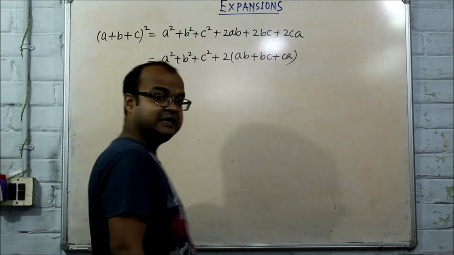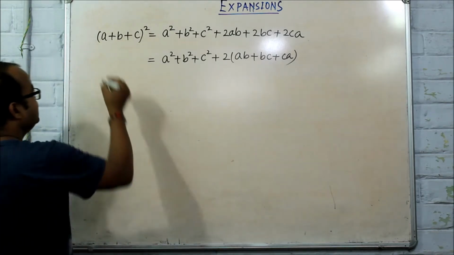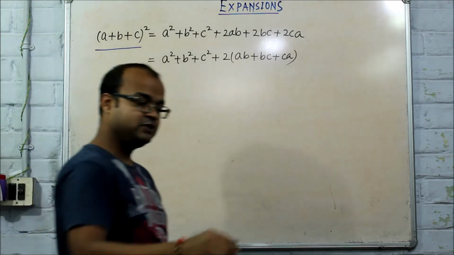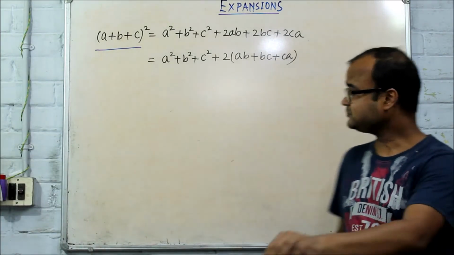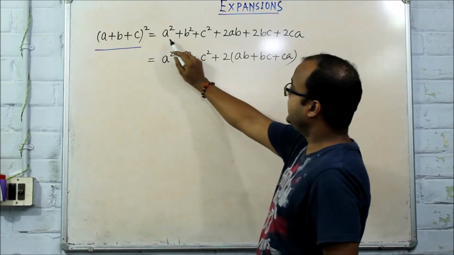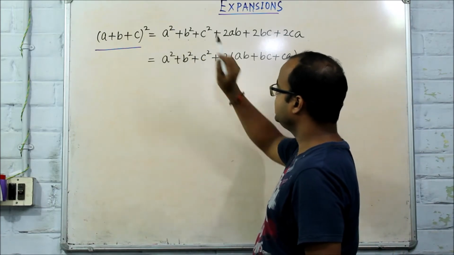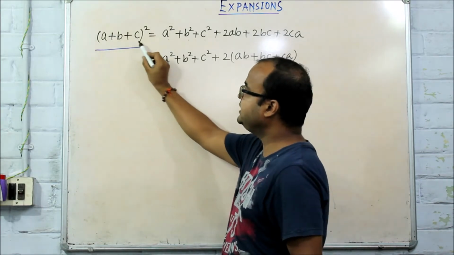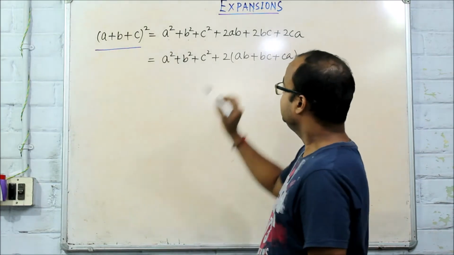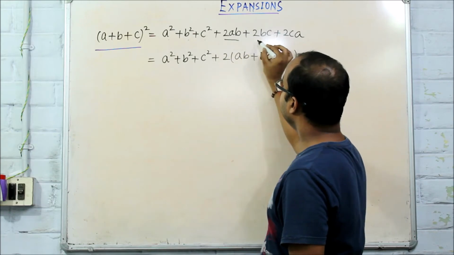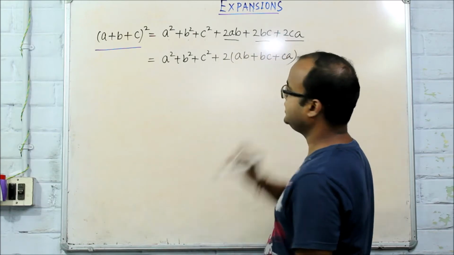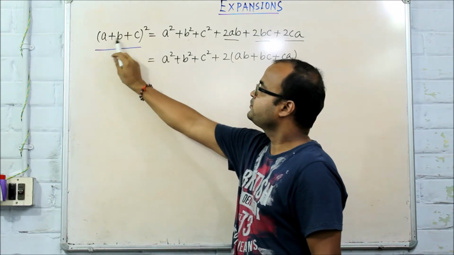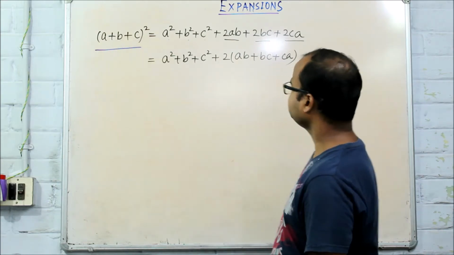Moving on to the next formula, the square of a plus b plus c, that is (a plus b plus c) whole square. So the formula is a square plus b square plus c square. Now how do you remember? That means the square of the individual terms, then plus 2ab plus 2bc plus 2ca, that means the product of two terms: ab, bc and ca.